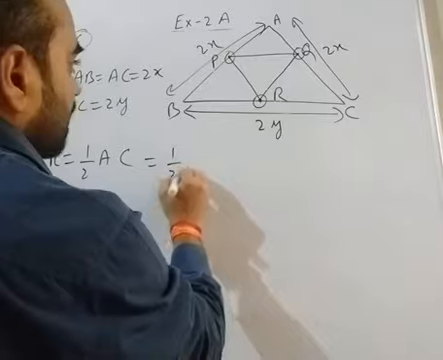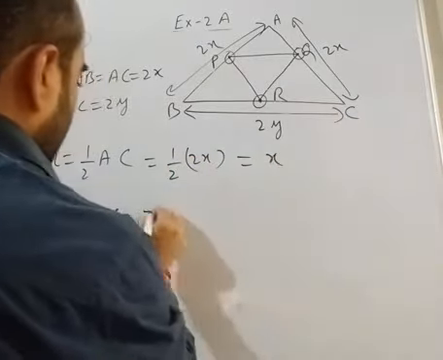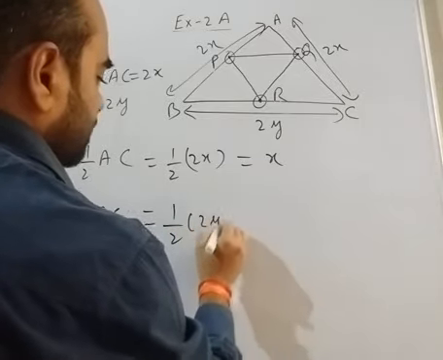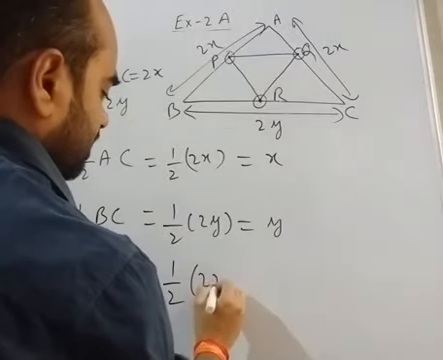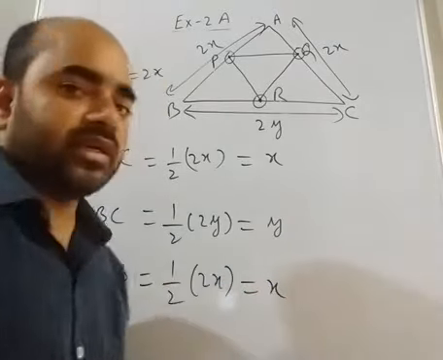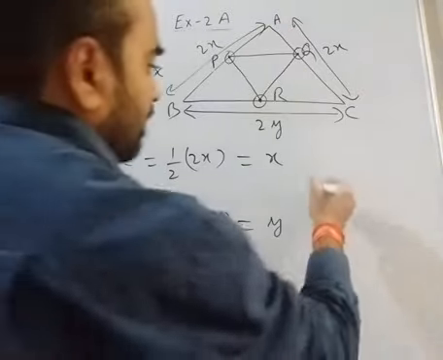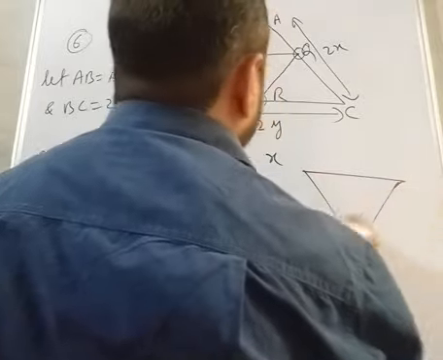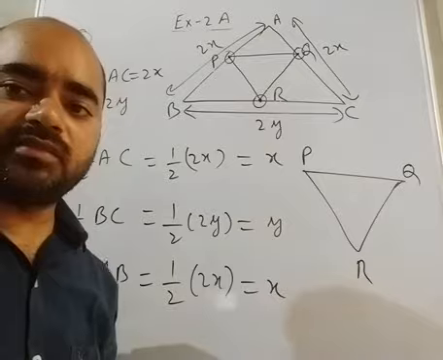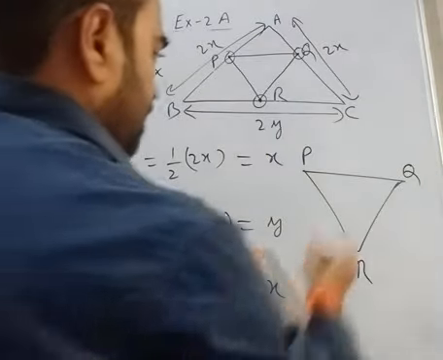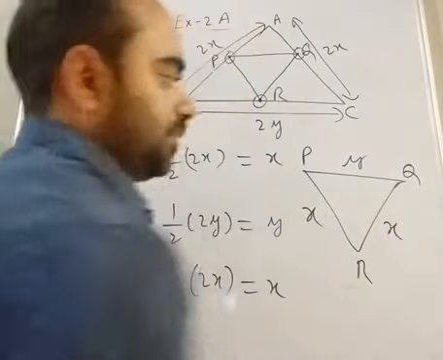Now substitute the values. Half of AC, I have taken AC as 2x, so this will come x. BC I have taken 2y, so this will come y. AB I have taken 2x, so this will come x. Using the midpoint theorem, now you can see in triangle PQR, PQ is y, PR is x and QR is also x.